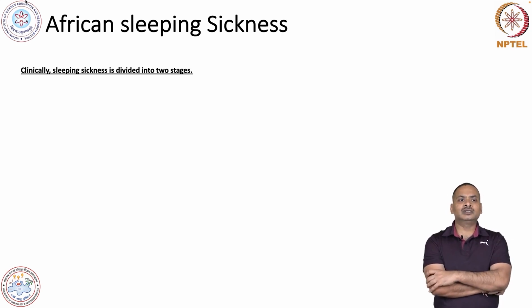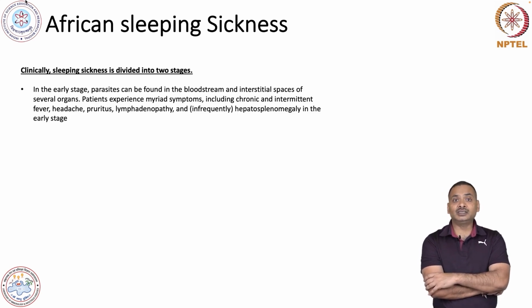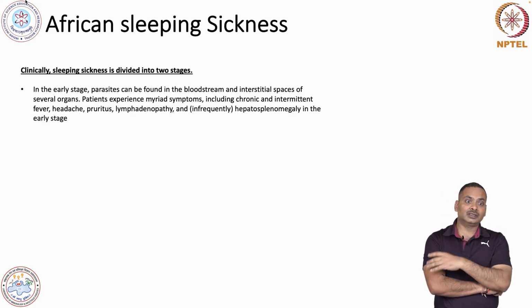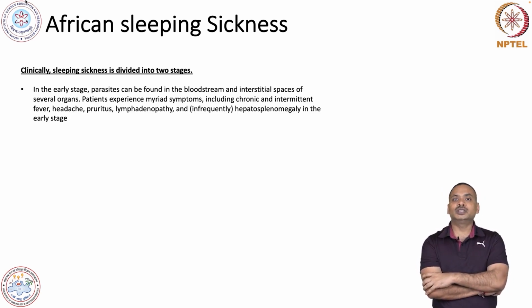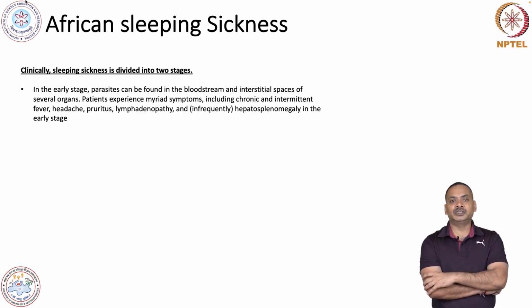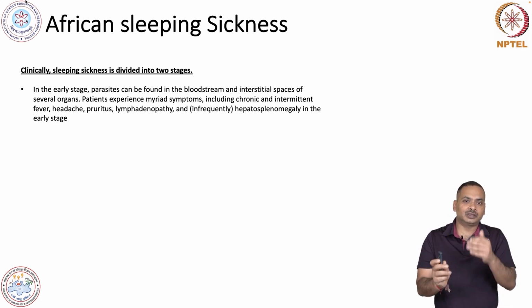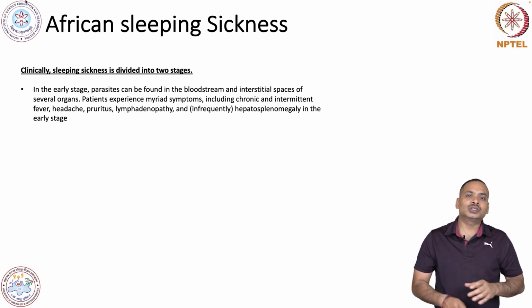The clinical presentation of sleeping sickness is divided into two stages. In the early stage, the parasite can be found in the bloodstream and in the interstitial spaces of several organs. There are spaces between the organs, so they may be present over there also.